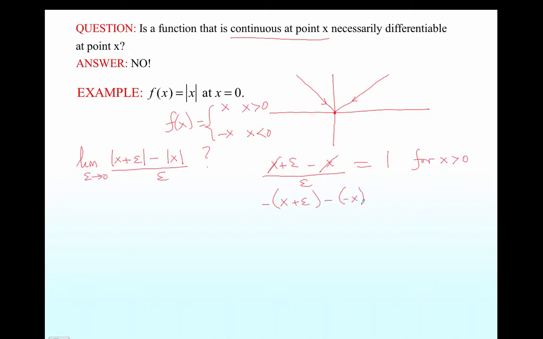So minus of minus x divided by epsilon, which is minus epsilon over epsilon, which is minus 1 for x less than 0. In other words, this limit does not exist.